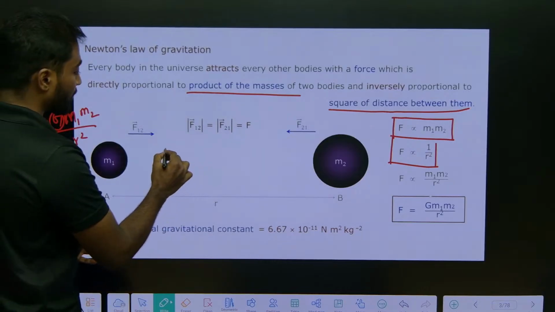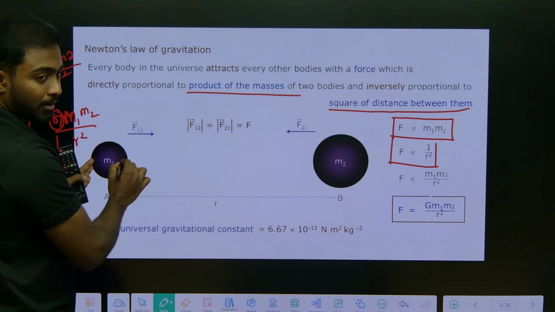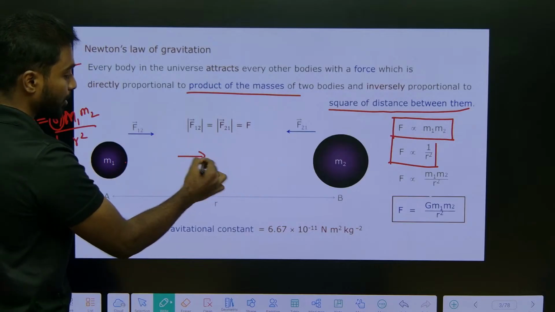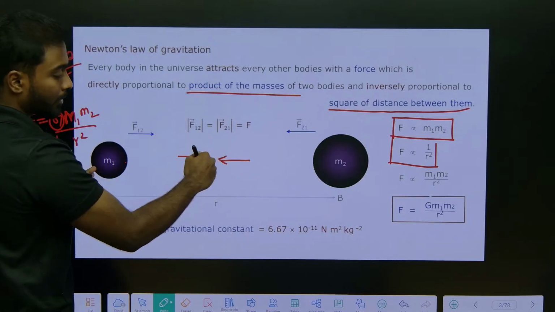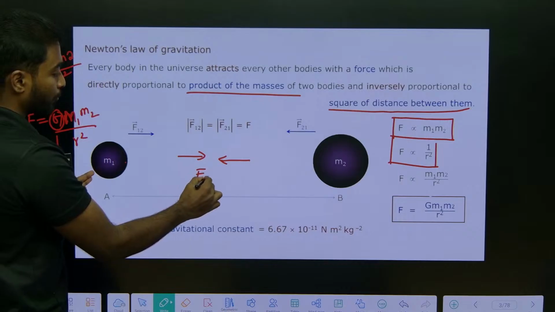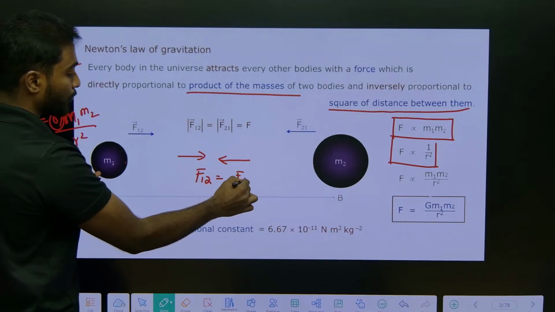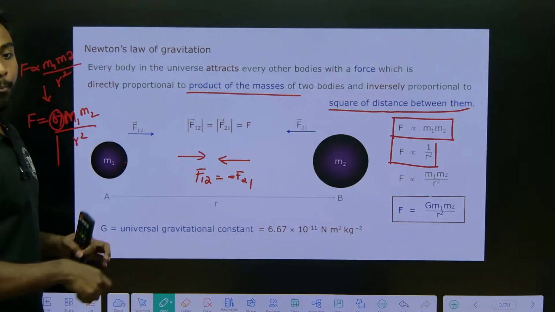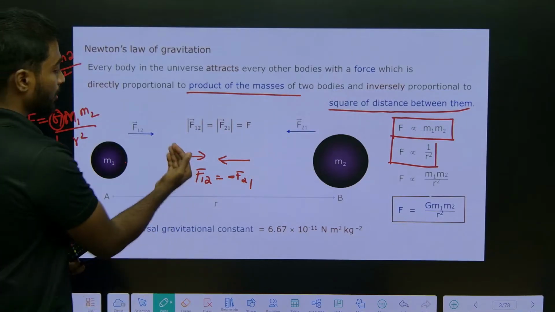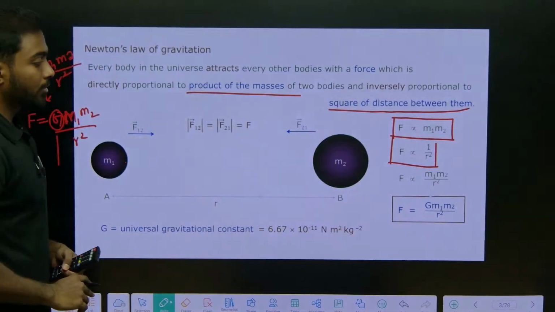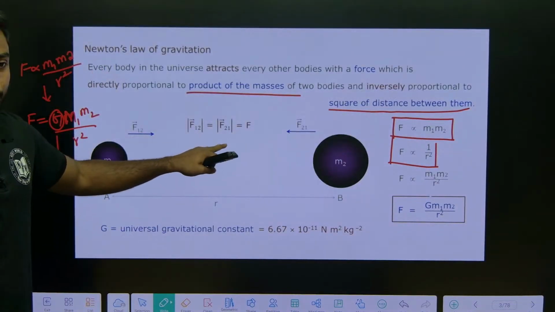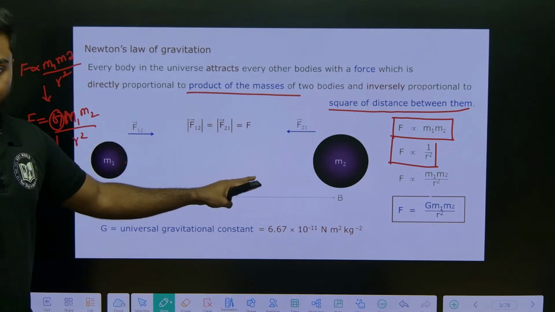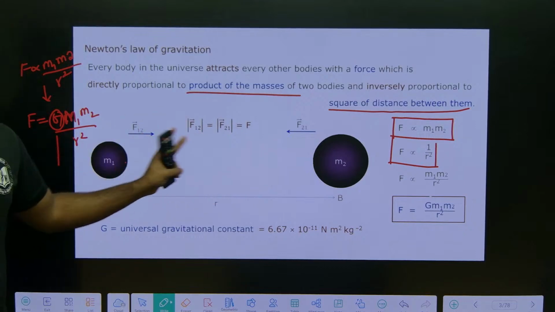So force F12, on 2 by 1, will be in this direction and F21 will be in this direction. So F12 equals minus F21, because it is in the opposite direction. In magnitude both are equal, equal and opposite forces.